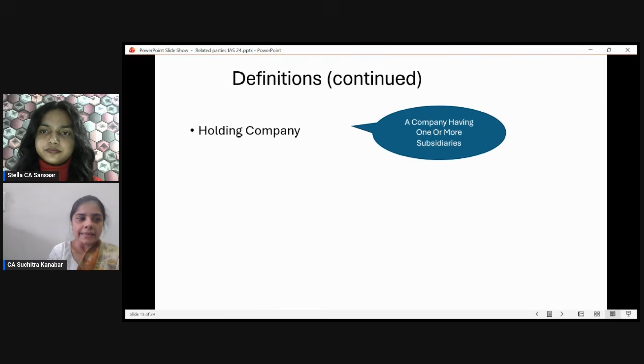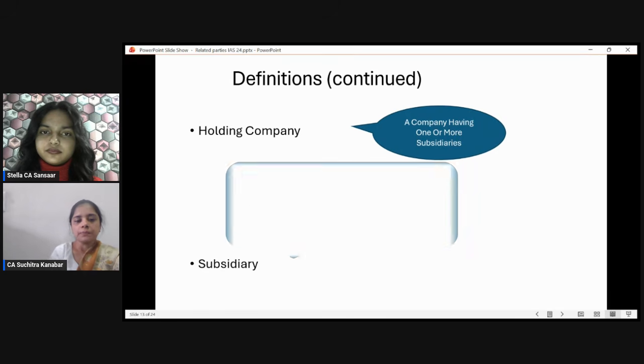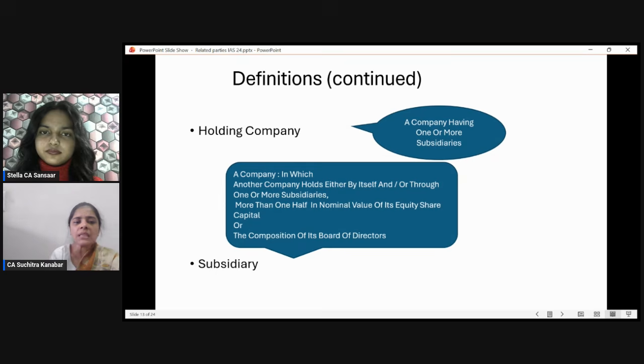The entity that controls the other entity is also called parent or holding company. A subsidiary company is a company in which another company holds, either by itself or through one or more subsidiaries, more than half in the nominal value of its equity share capital or the composition of its board of directors.